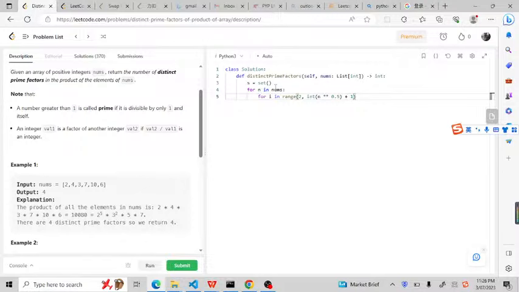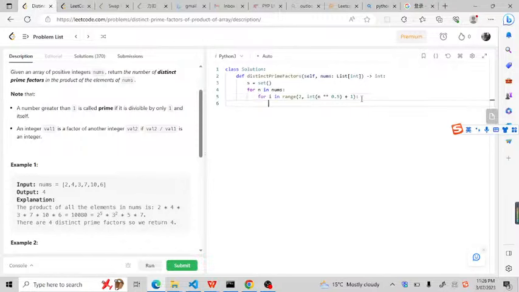We have to add 1 because of the range formula. Otherwise, we cannot get the result. For example, if n is equal to 4, the square root of 4 is 2, 2 plus 1 is 3, so the range is 2. But we will explain that later.